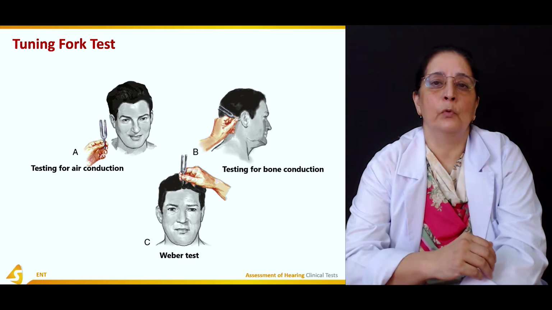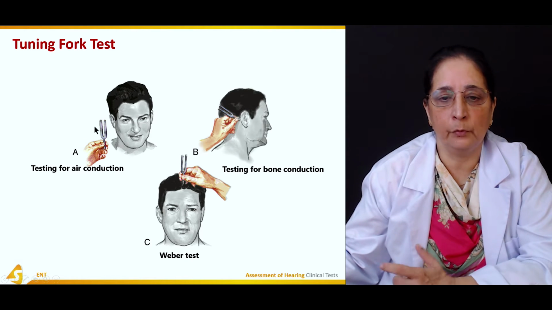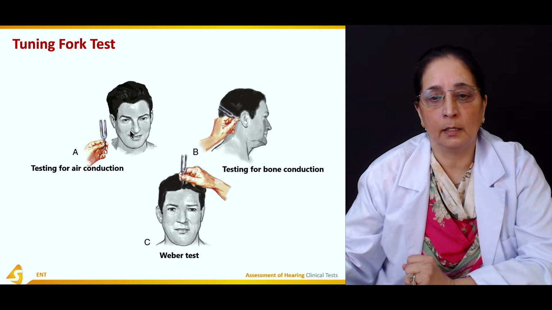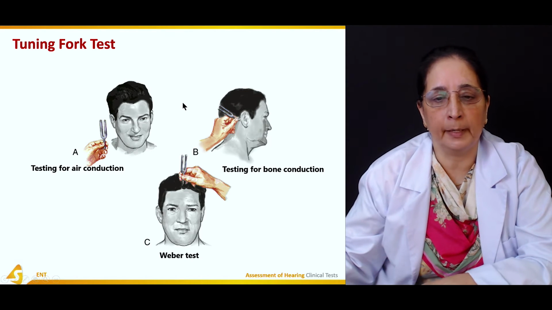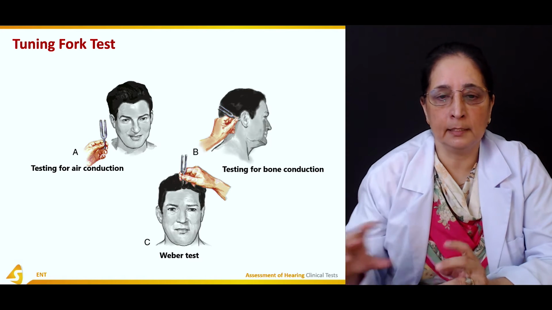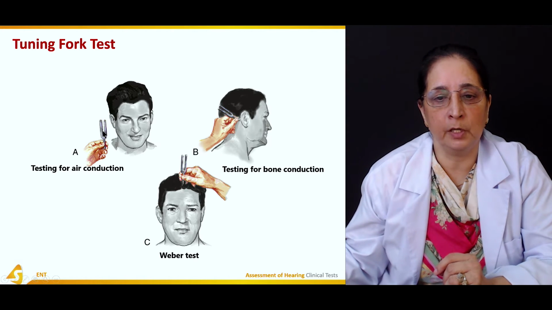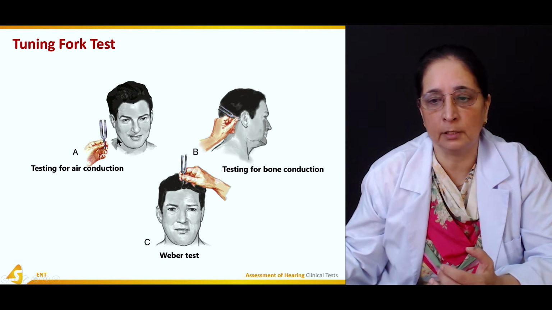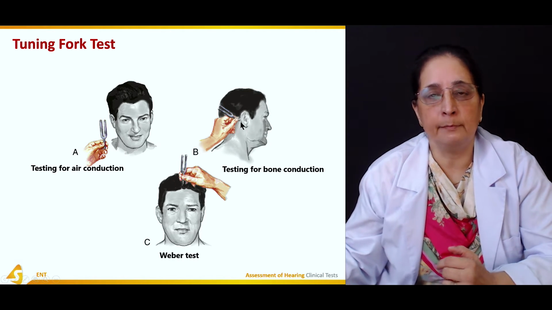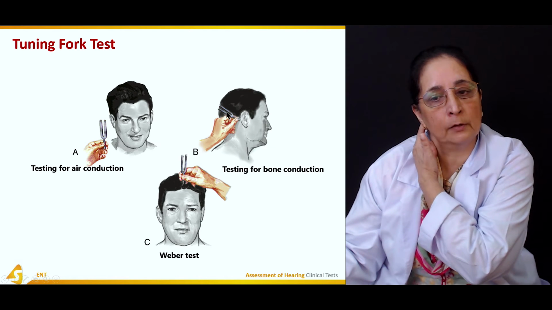Next, the tuning fork test. This is the tuning fork very commonly used for the different hearing tests performed in the clinic or office setting. This is the position of the tuning fork for air conduction. Then this is for bone conduction. This is the mastoid bone on the back of the ear.